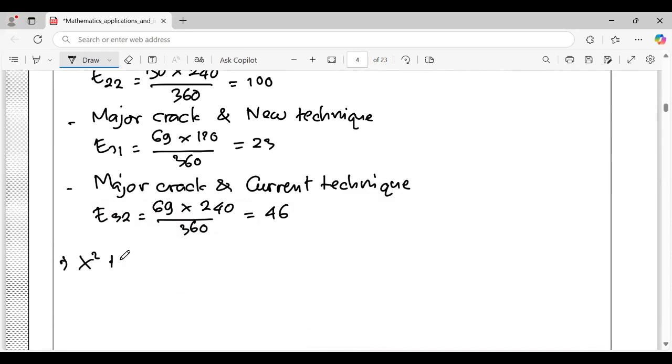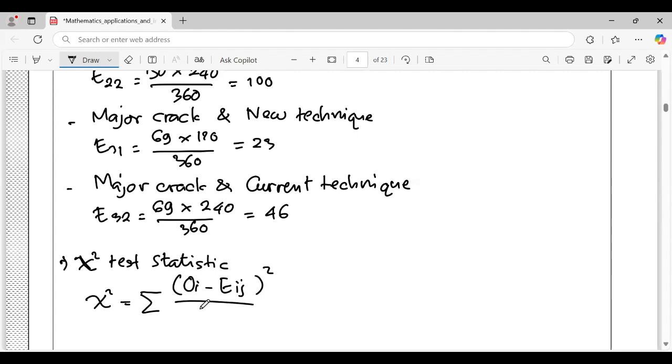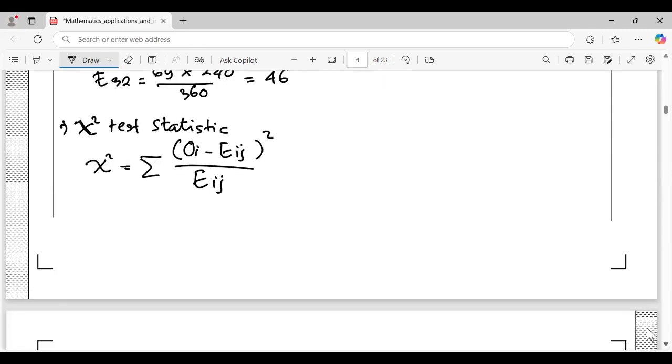The formula is sigma of O_ij minus E_ij, squared, over E_ij.